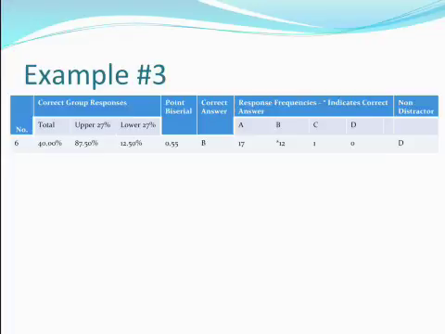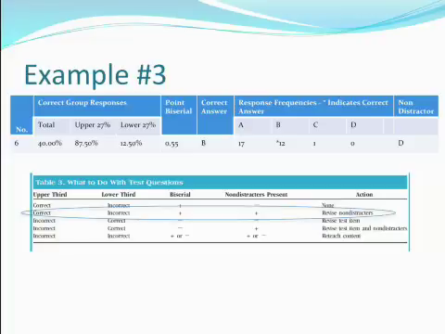The lower 27%, 12.50% got this correct. The point biserial is 0.55, a very high number. The correct answer in this case was B, and you see it selected, but no one selected D. So our non-distractor in this question is D.